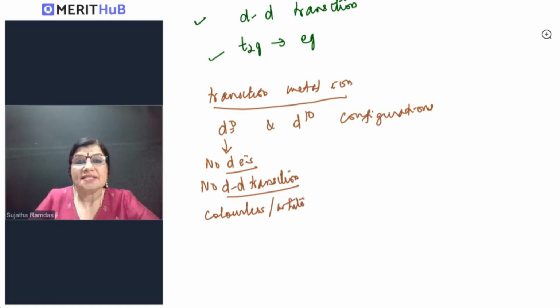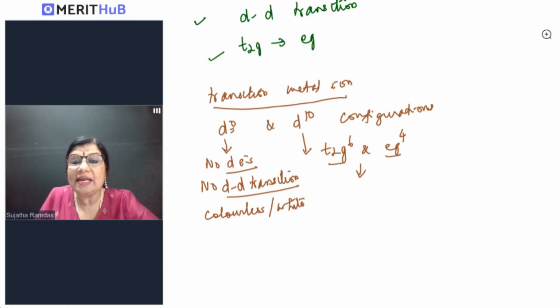Okay, same is the case with the d10 configuration. d10 configuration implies that t2g is 6 and eg is 4, which means the three t2g orbitals and the two eg orbitals are fully filled. There are 10 d electrons, but what is missing?